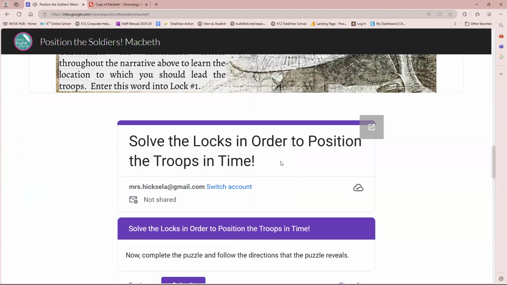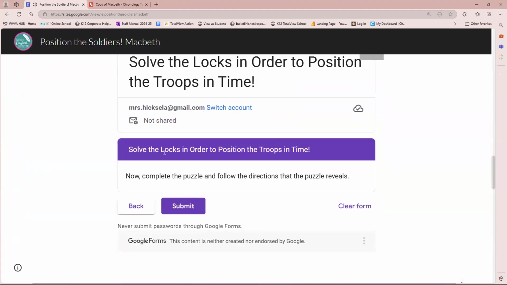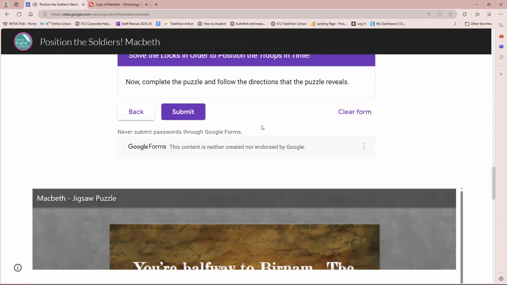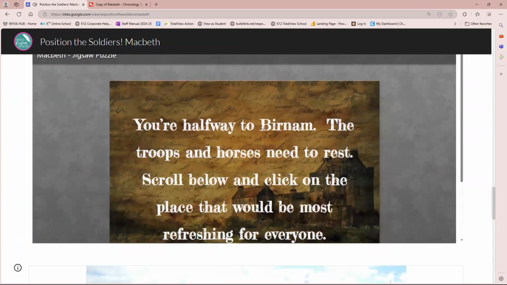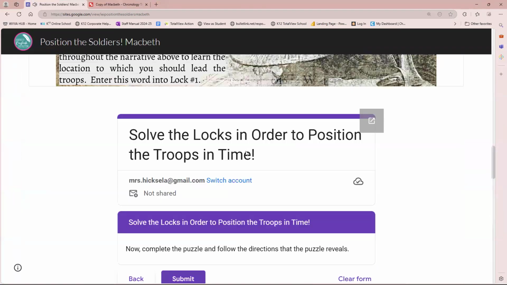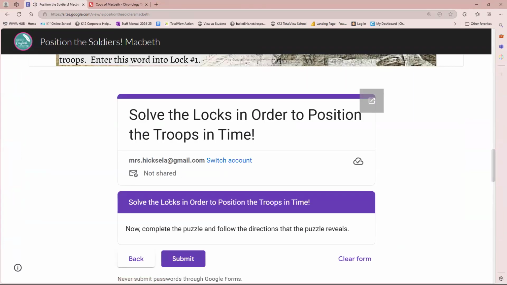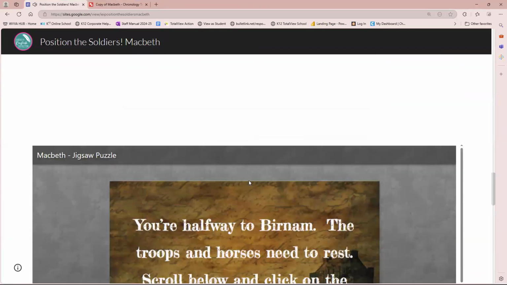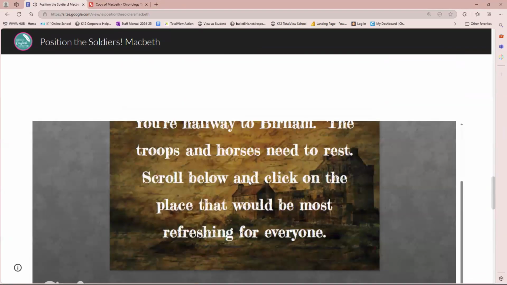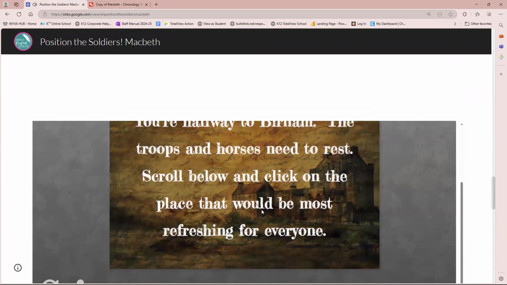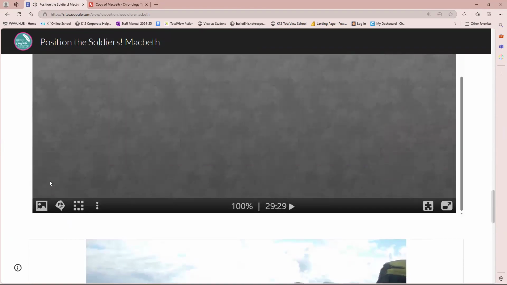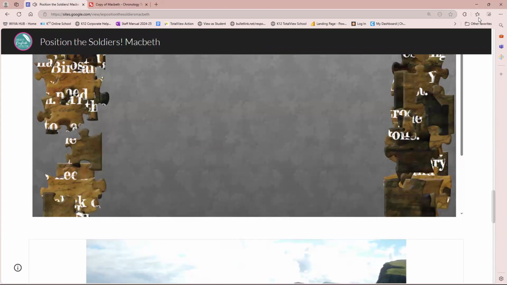Now it tells us to solve the locks in order to position the troops in time. Right. I'm going to submit that. And I guess mine was already done. Let's see if I can mix it. Yeah, here we go.